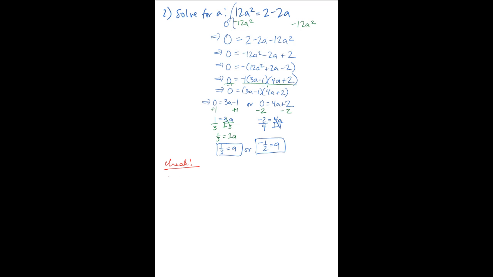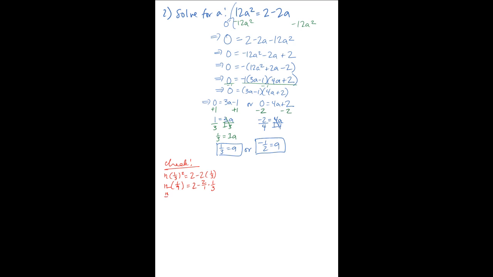So the original equation, 12 times a squared equals 2 minus 2 times a. I plug in 1/3. 12 times 1/3 squared is 1/9, equals 2 minus 2 over 1 times 1 over 3.